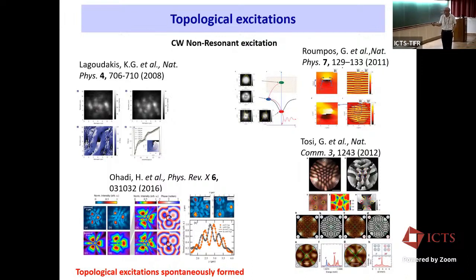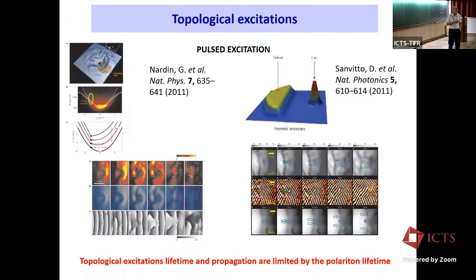It's also possible to use another experimental configuration in order to generate topological excitations, in particular to exploit the interaction of a polariton fluid with an obstacle. This was an experiment that we did some years ago in collaboration with Daniele.